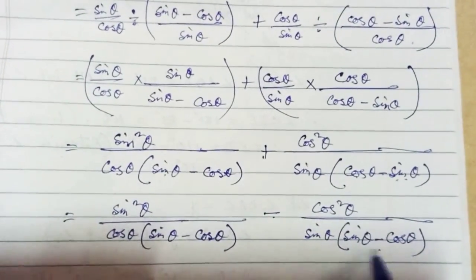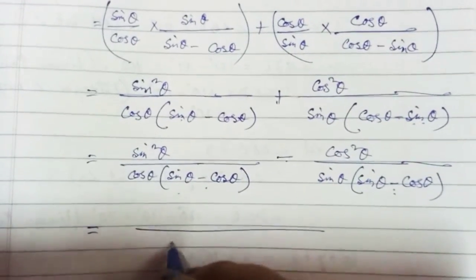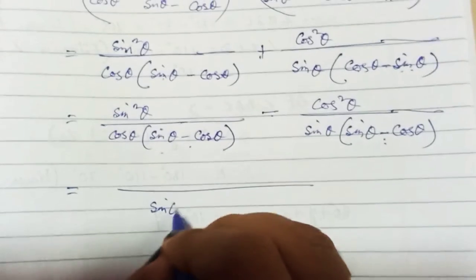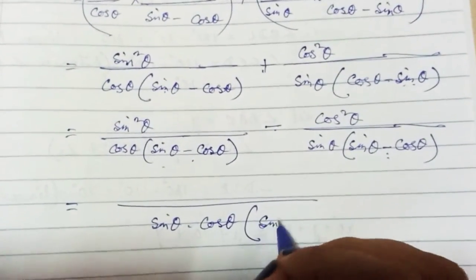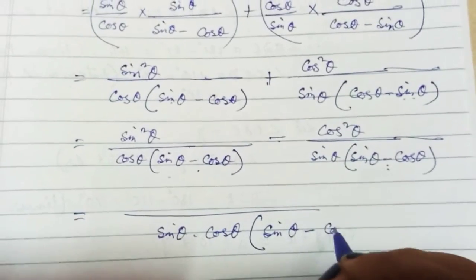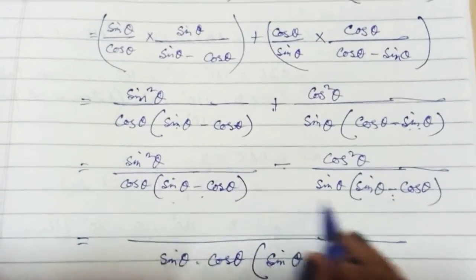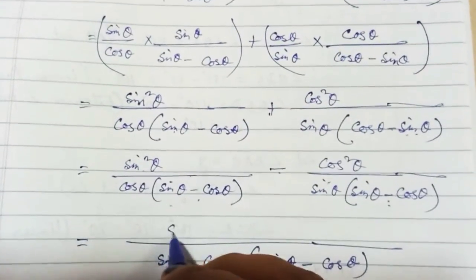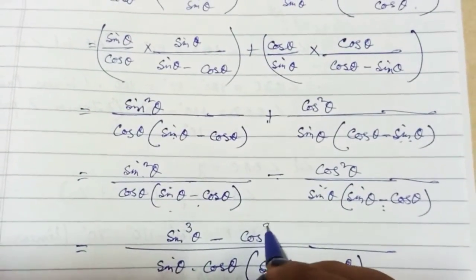Okay, so now these two parts have the same factor, so we will take the LCM. So sine theta into cos theta and the bracket sine theta minus cos theta we will get, and in the numerator sine theta will multiply, so we will get sine cube theta minus cos cube theta.